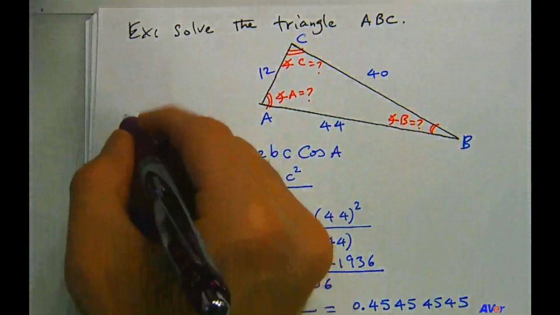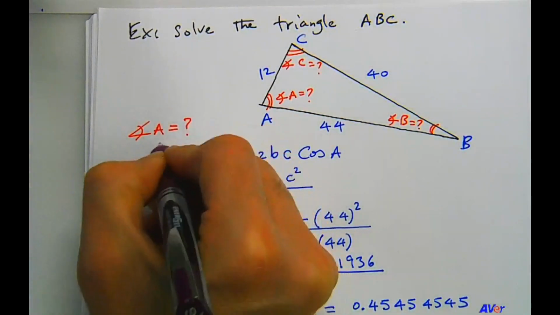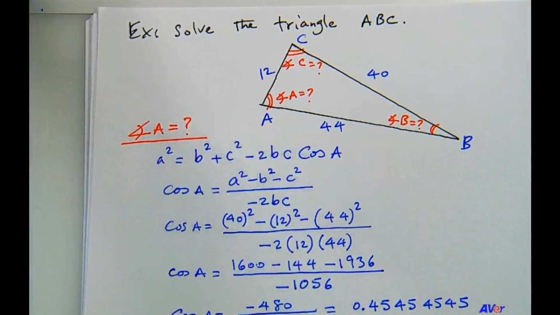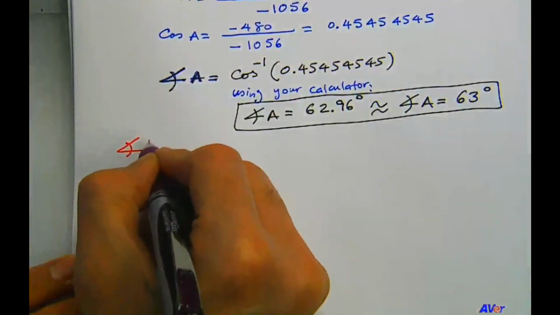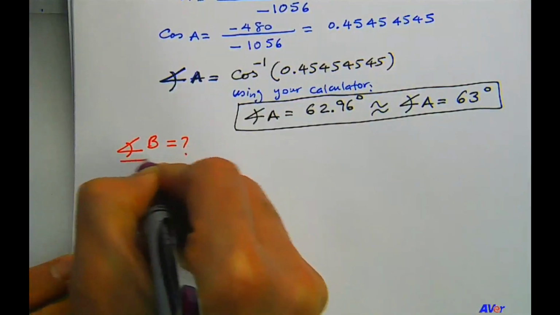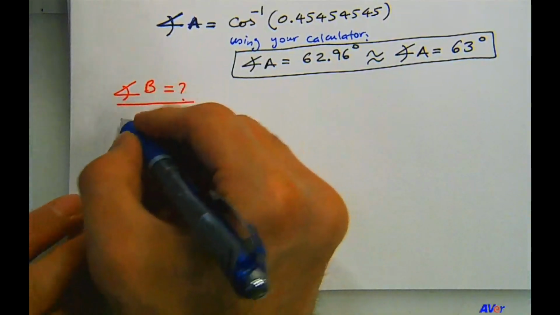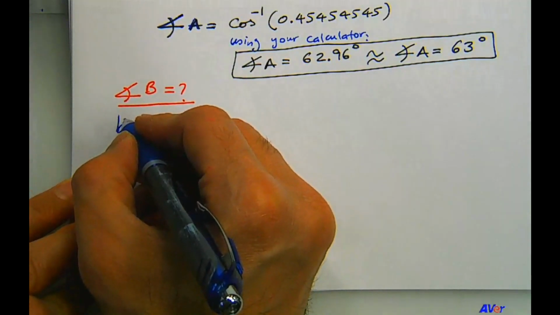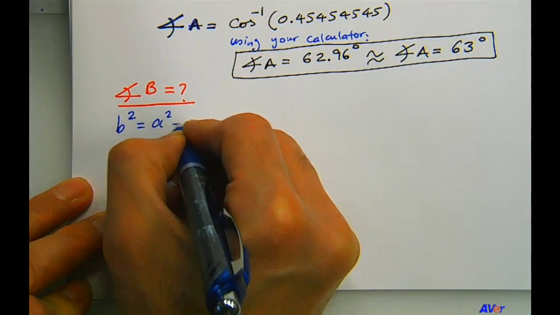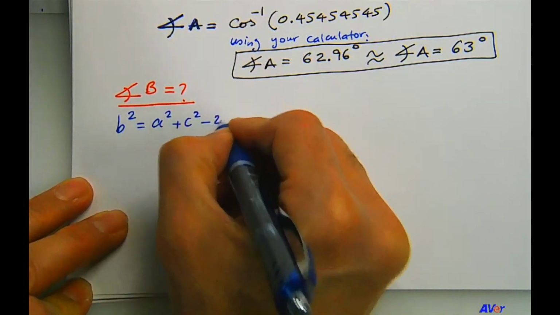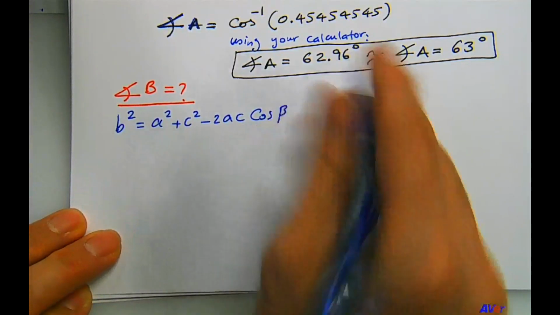So let me organize this a little bit. Here we found angle A. Here we're going to find angle B. We have B squared equals A squared plus C squared minus 2AC cosine of B, right?